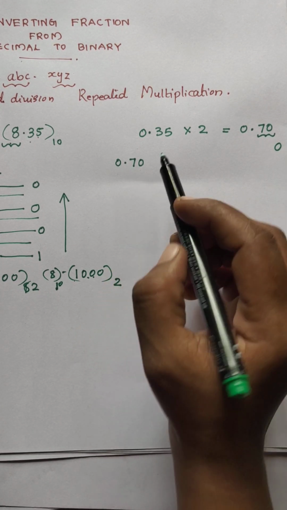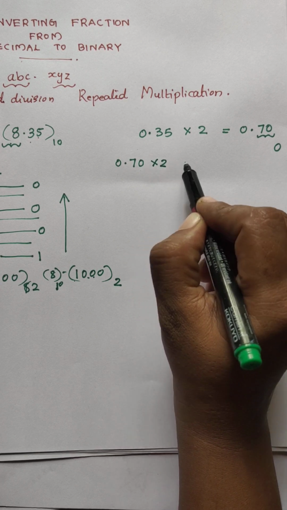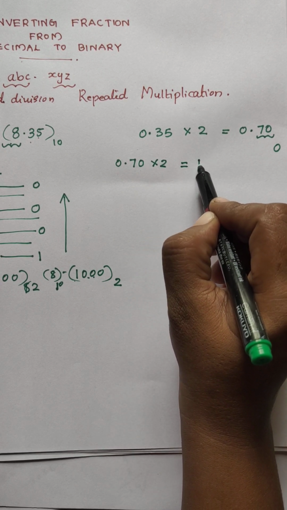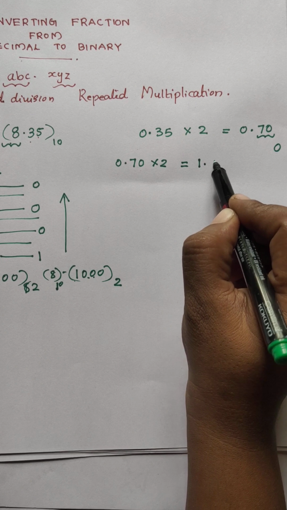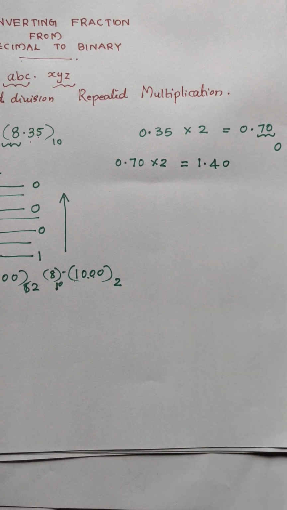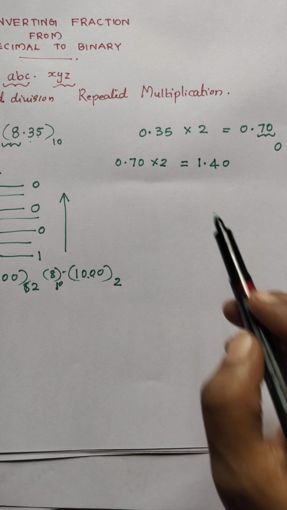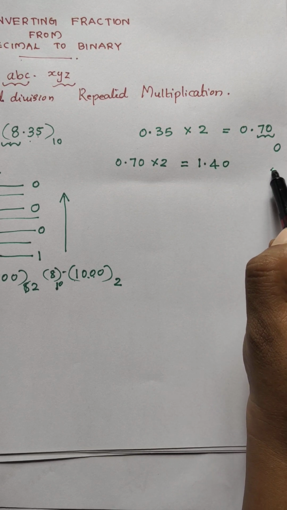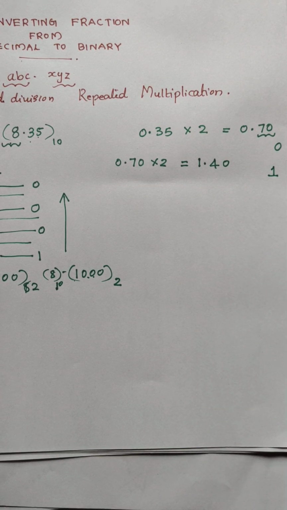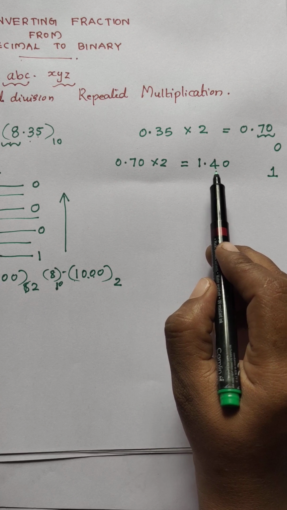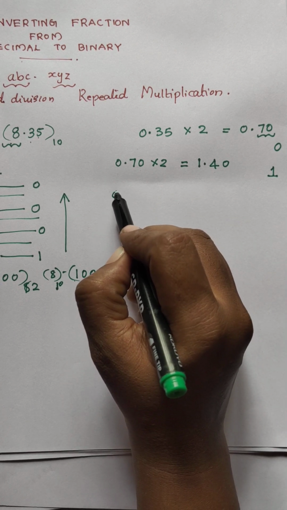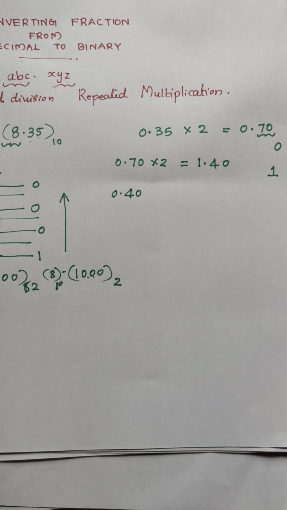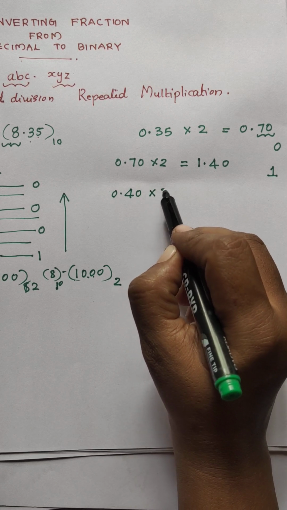That means 0.70 into 2. What is the result? 1.40. And here we take this 1. The remaining portion is 0.40. Again multiply by 2.